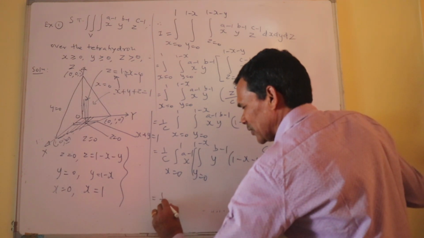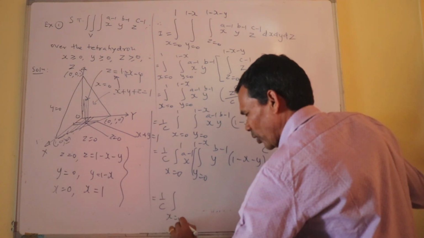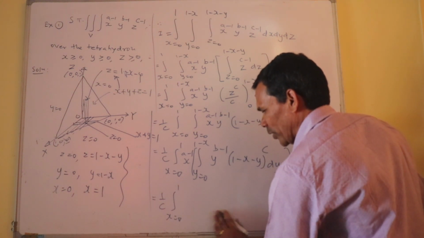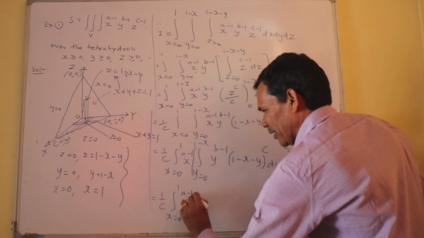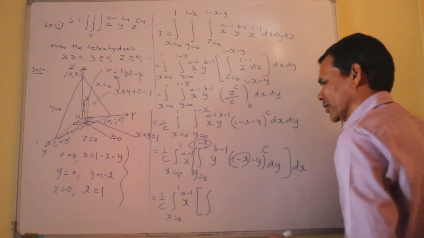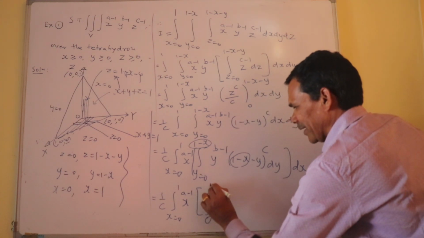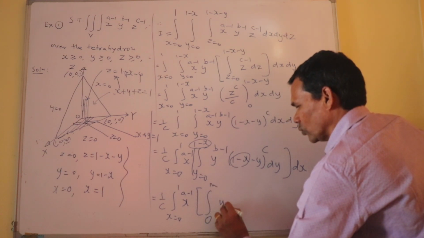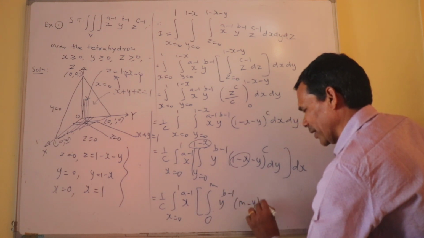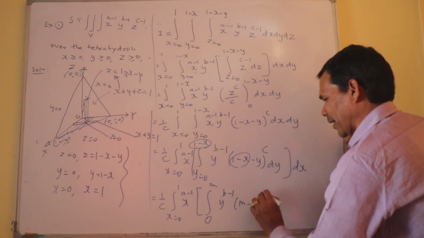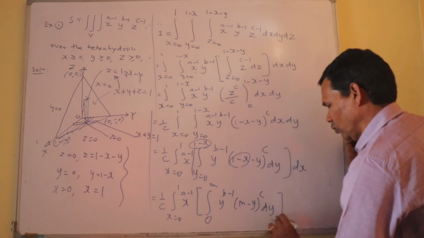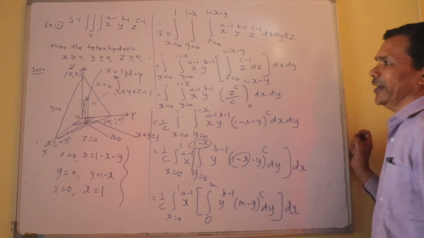For simplicity, I take x raised to a minus 1, and I take this 1 minus x as some constant m because it is constant there. So 0 to m, and y raised to b minus 1, this is a temporary substitution, (m minus y) raised to c into dy, and then to be integrated with respect to x.